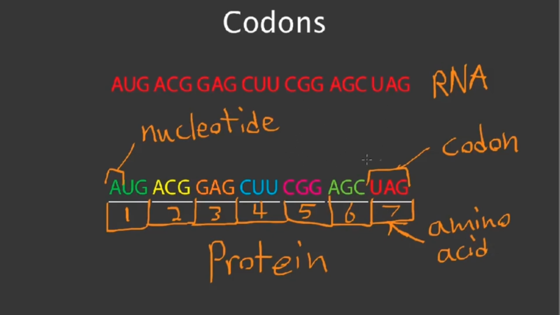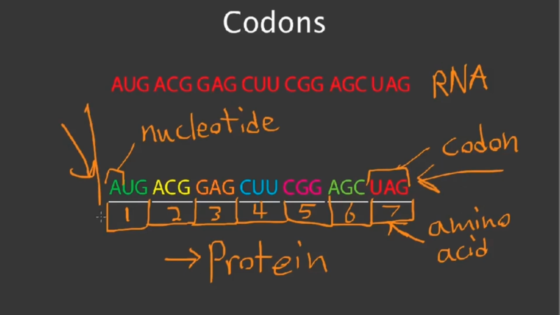One other thing that's really important to remember about RNA here is that because these 7 codons put together create a protein, it's really important for RNA to know when the beginning of a protein starts and when the end of the protein is reached.